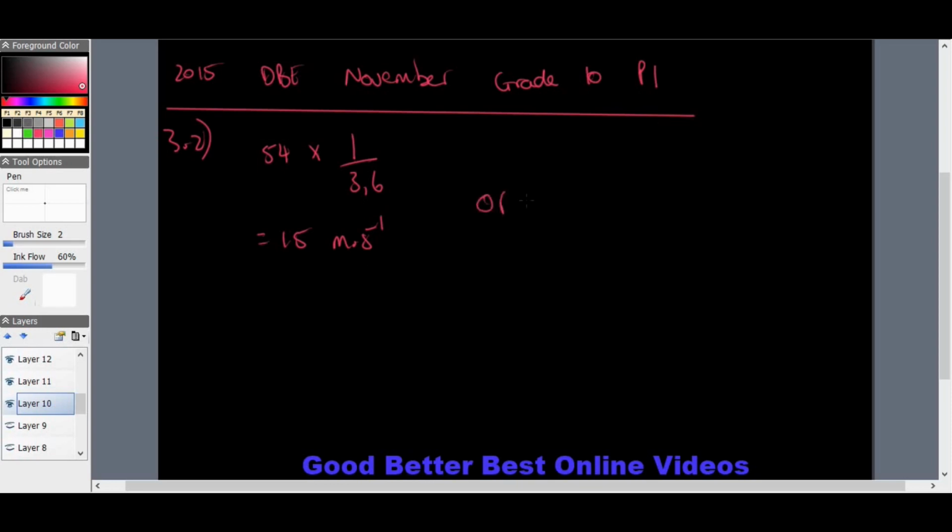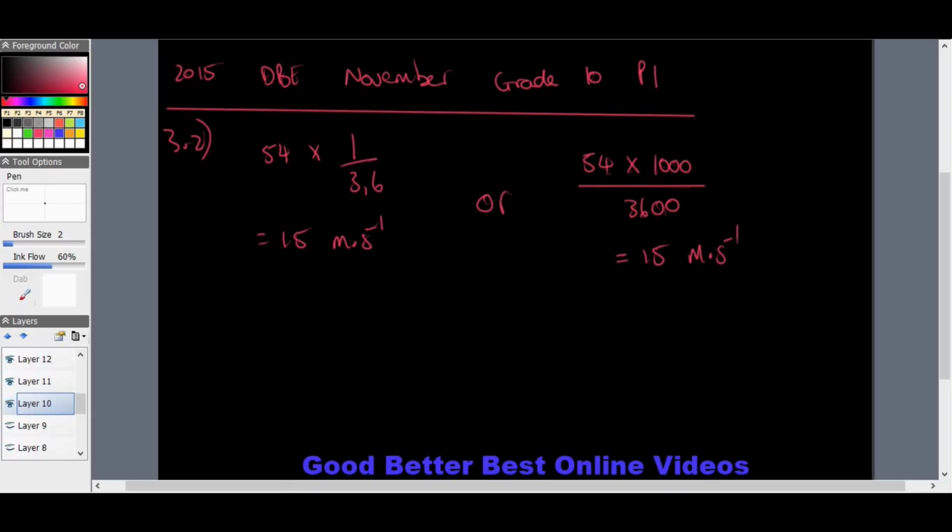Remember, kilometers per hour: 1,000 meters in 1 kilometer, so that's basically 54 times 1,000 to get 54,000 meters, divided by 60 times 60 to get time in seconds. 60 minutes in an hour, so times 60 to get it into seconds, which is 3,600. Okay, and that'll also give you the same answer of 15 meters per second. But that's the conversion.